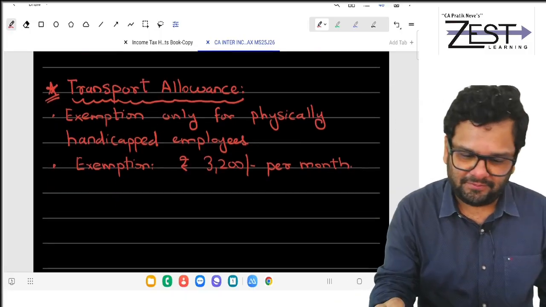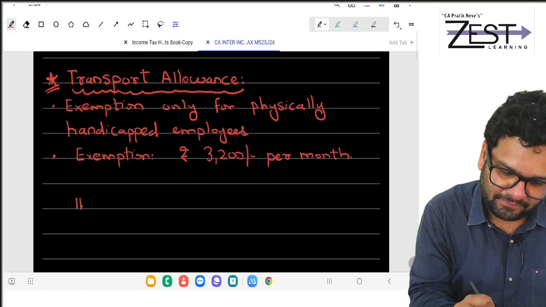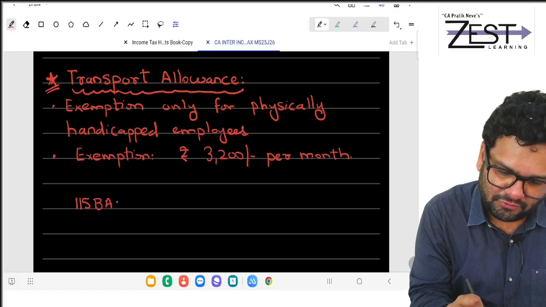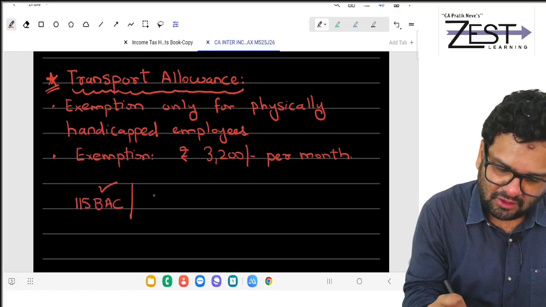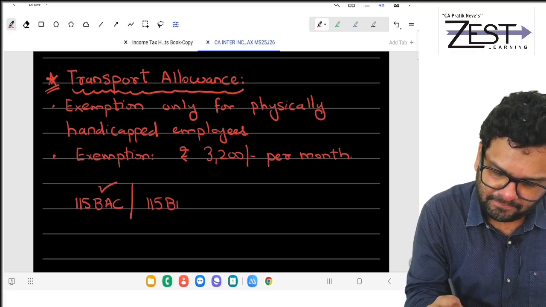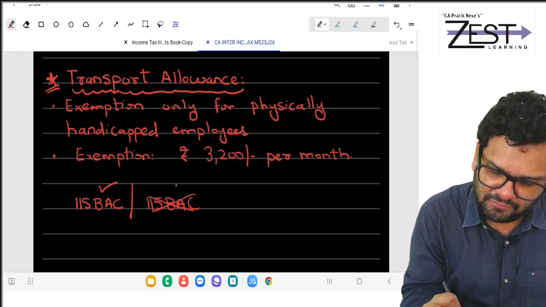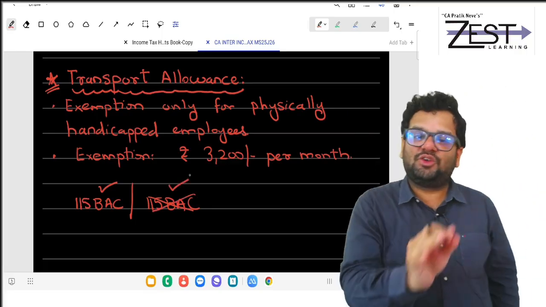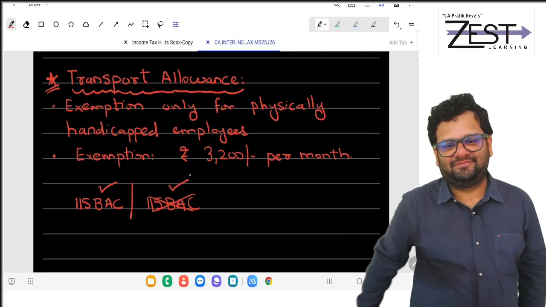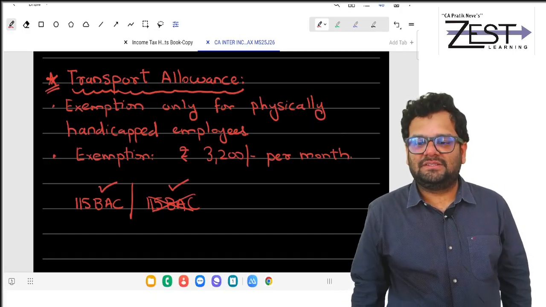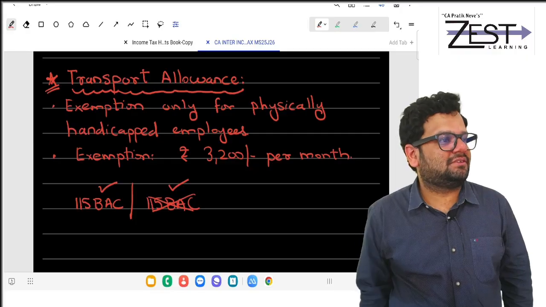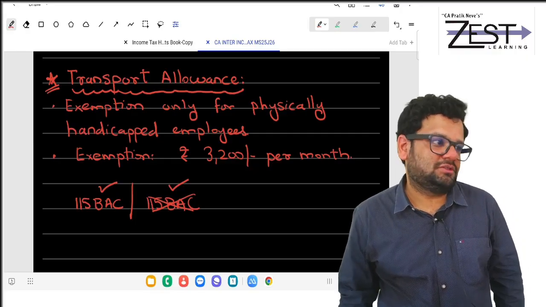Both cases, you get this exemption. In both situations, you are getting this exemption. Clear? So how many allowances we have done exemptions for? 4.